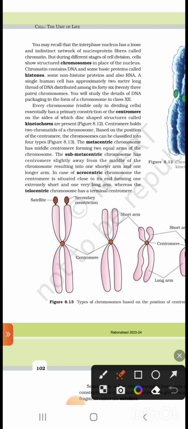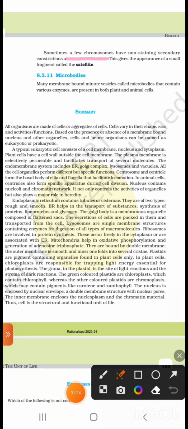In case of an acrocentric chromosome, the centromere is situated close to its end, forming one extremely short and one very long arm, whereas the telocentric chromosome has a terminal centromere. Sometimes a few chromosomes have a non-staining secondary constriction at a constant location. They give the appearance of a small fragment called satellite.